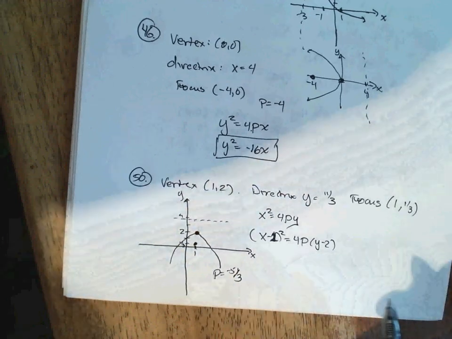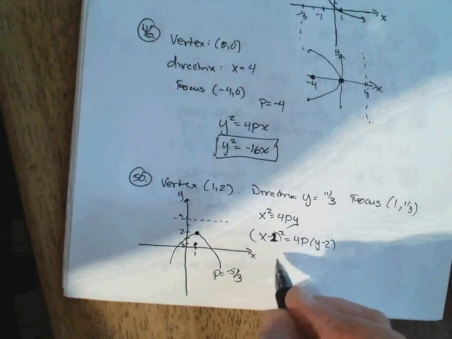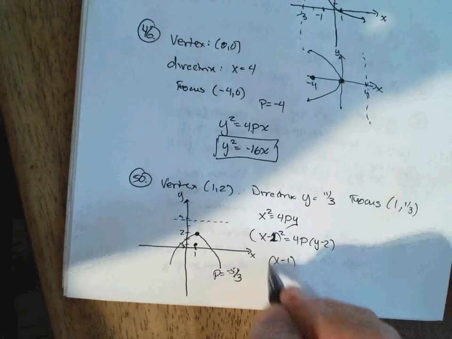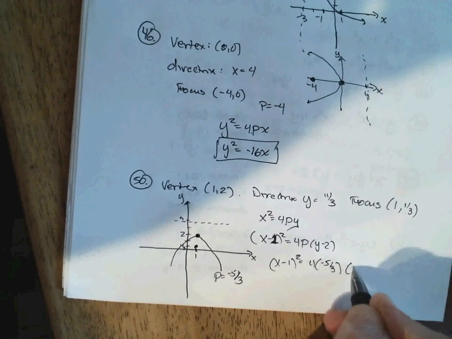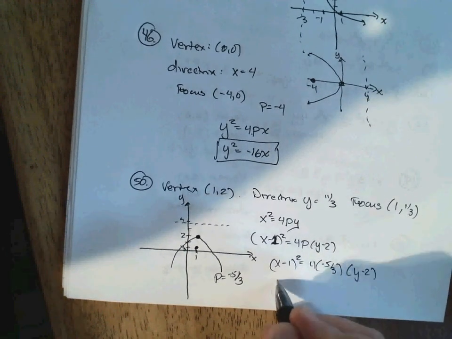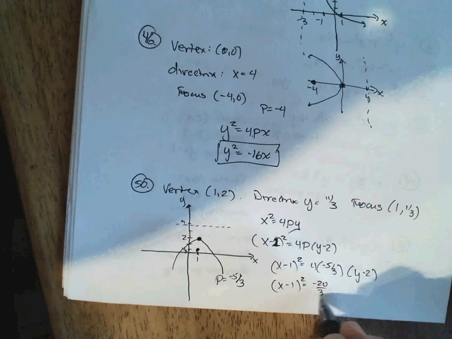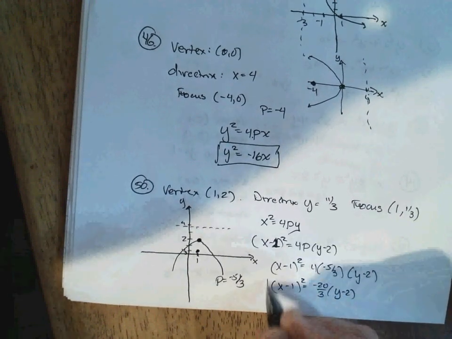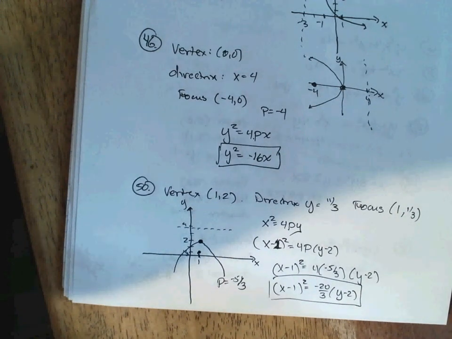So let's see, 6/3 to 1/3 is a drop of 5/3. P is negative 5/3. Okay, so x minus 1 squared equals 4 times negative 5/3 times y minus 2. That's negative 20/3 times y minus 2.